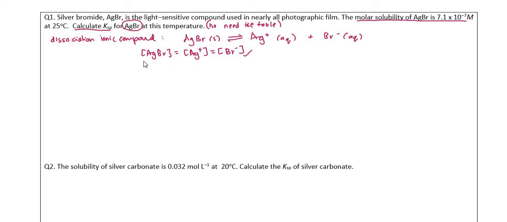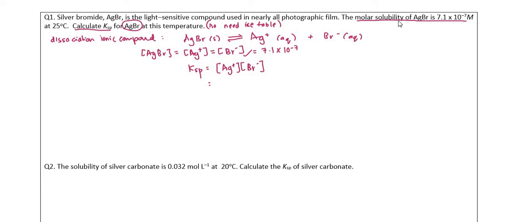After you check that the concentration of AgBr is 7.1 × 10^-7, you can proceed to the next step by writing the Ksp expression: the concentration of Ag+ to the power of its stoichiometry multiplied by the concentration of Br- to the power of its stoichiometry.